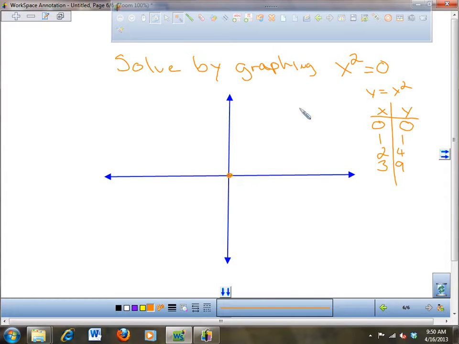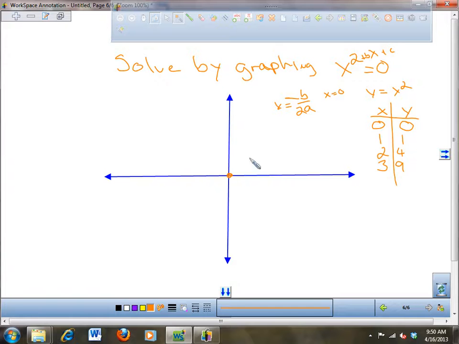I also know, remember the vertex, negative b over 2a? Well, since this thing doesn't have a bx or a c part to it, it means that b must be 0. So that must mean that x equals 0 is the line of symmetry, okay?